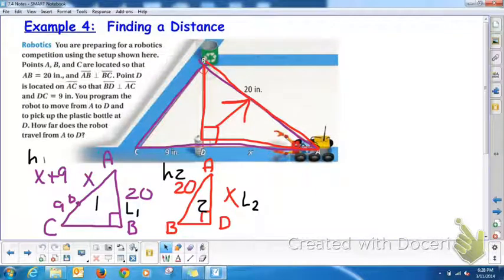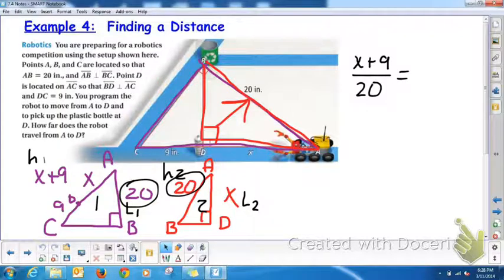This is my second triangle. So I am going to put hypotenuse 1, x plus 9, over hypotenuse 2, which is 20. It is equal to long leg 1, 20, over long leg 2, x.